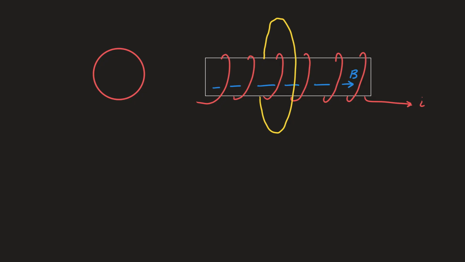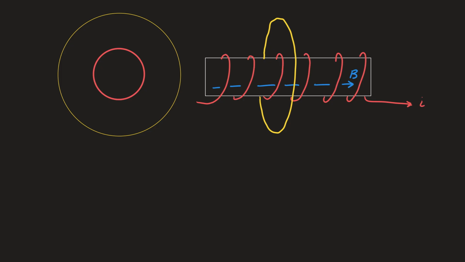But then there is this larger loop of wire around the outside. There's clearly a magnetic flux passing through the yellow wire, correct?